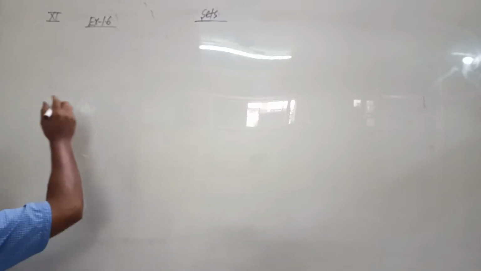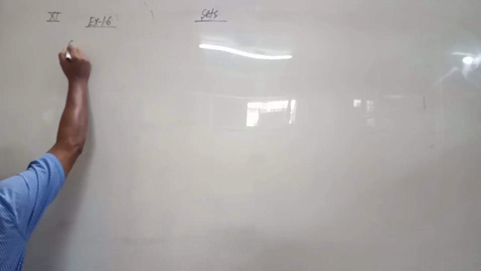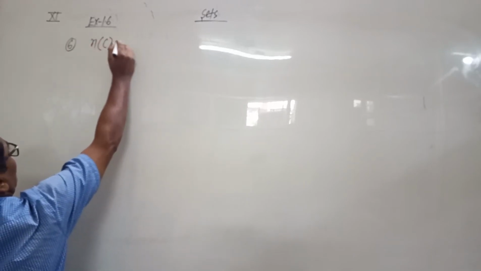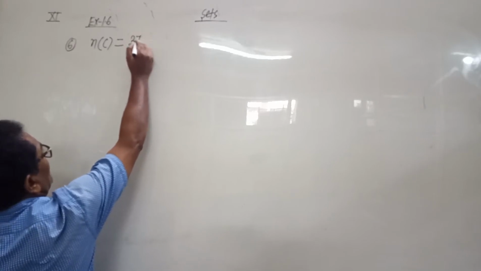Next, question number 6. In a group of 70 people, 37 like coffee. So let n of C be the number of people who like coffee. So n of C is given as 37.